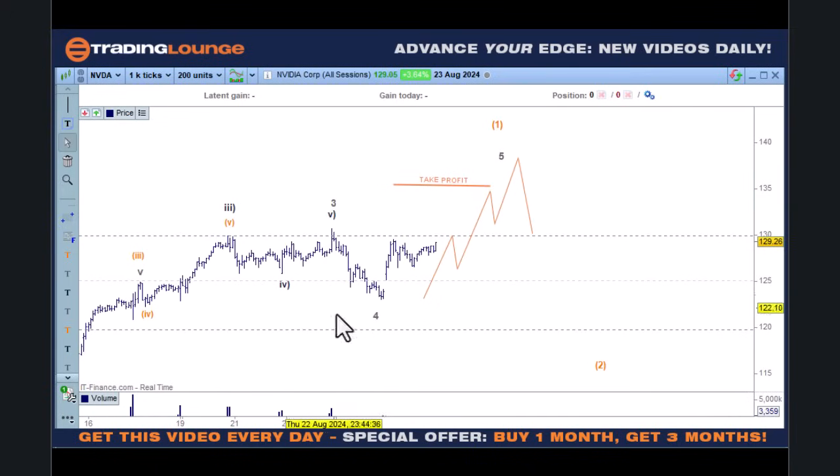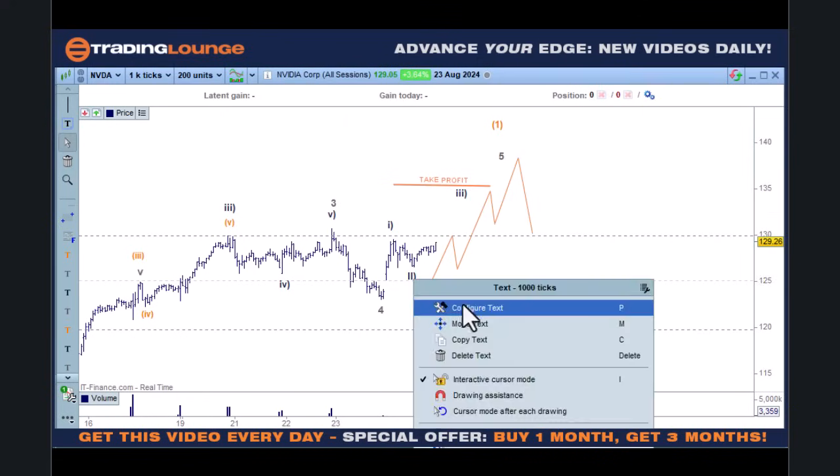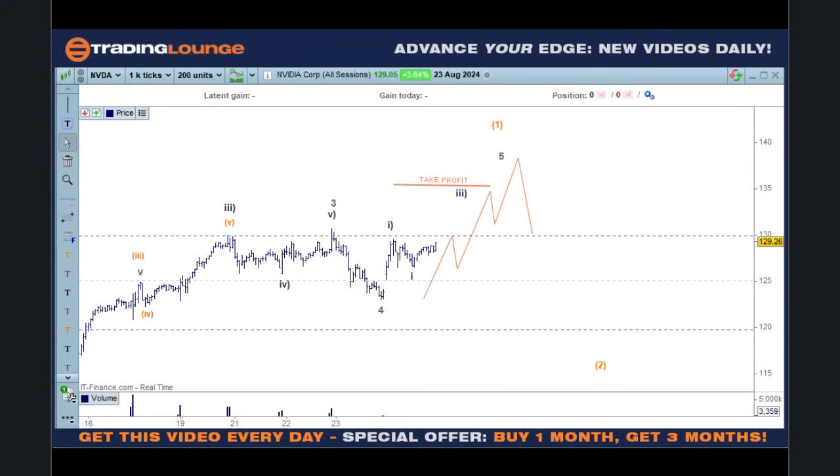So we've got wave 3 and 4 here, and we could put this in here as wave 1 and 2 there, and we could just plonk wave, whoops, it's on caps, so I'll just redo that. But basically you can see what we're doing, 1 and 2 here, and there'll be another little 1, 2, 3, 4, 5 going in here. So we want to be up here taking money.